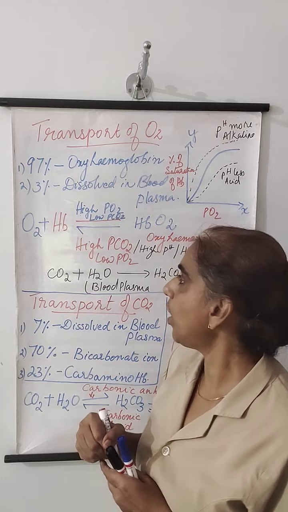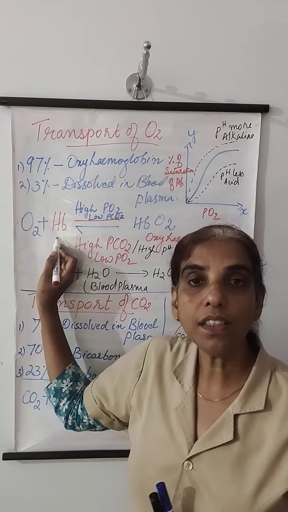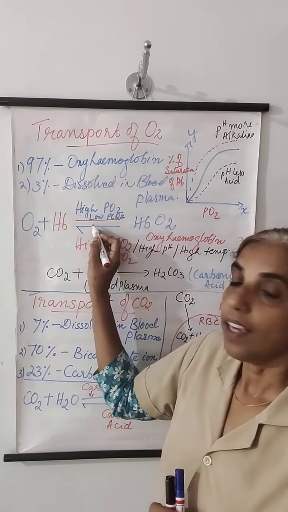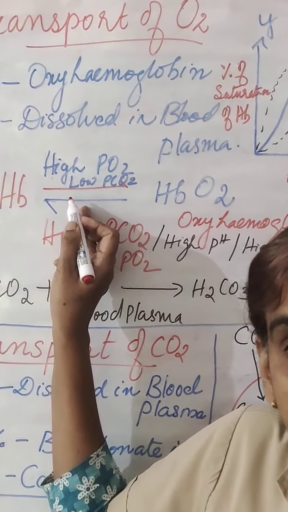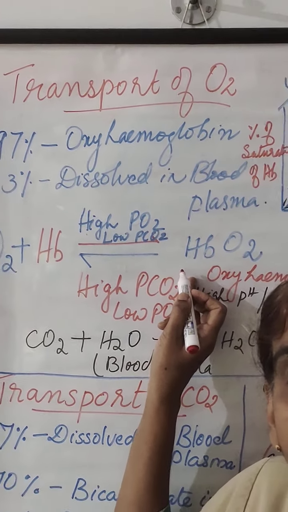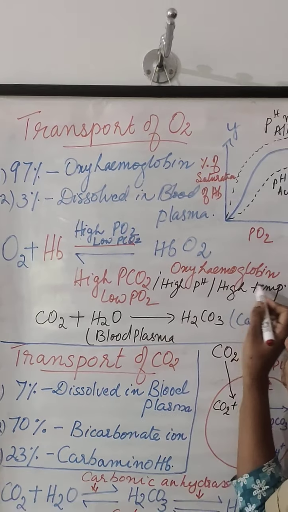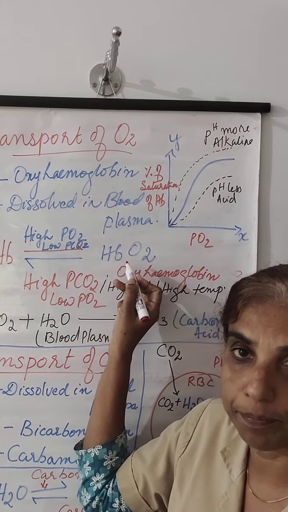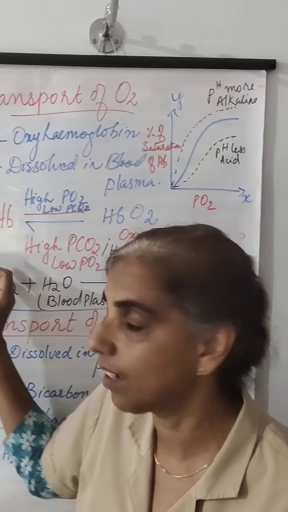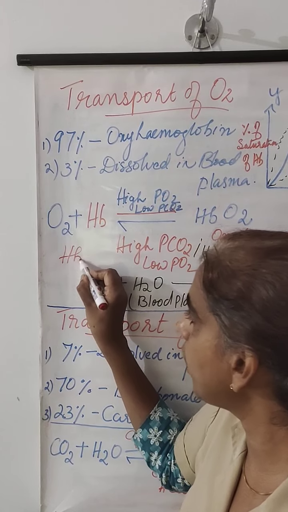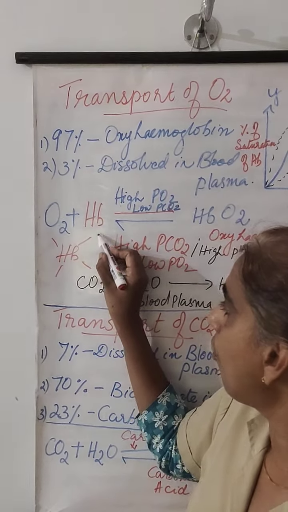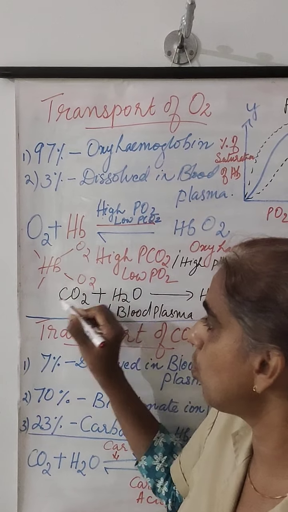This oxygen molecule will combine with hemoglobin in the presence of a large amount of oxygen, and form a complex we call oxyhemoglobin. And when we say hemoglobin, it is a protein. So this hemoglobin molecule has the capacity to hold 4 oxygen molecules.